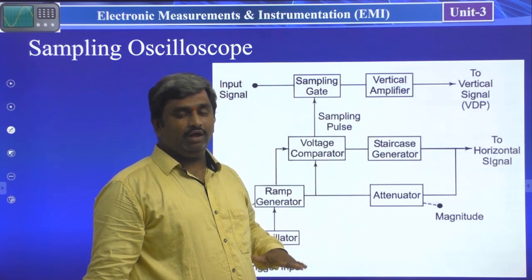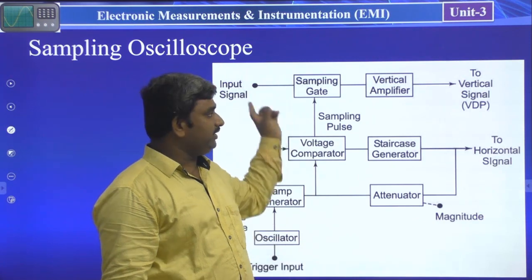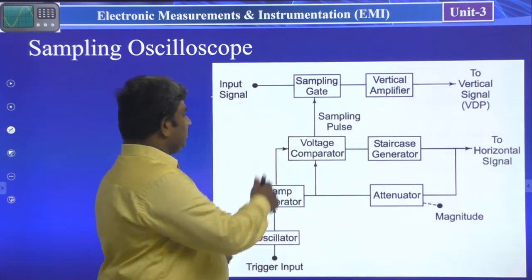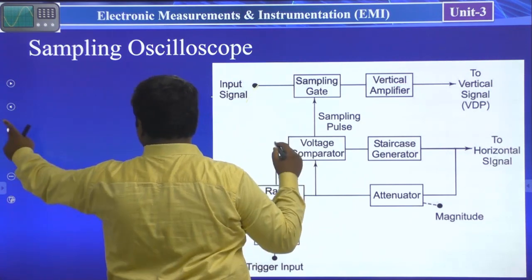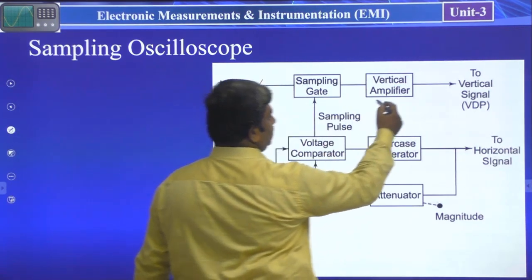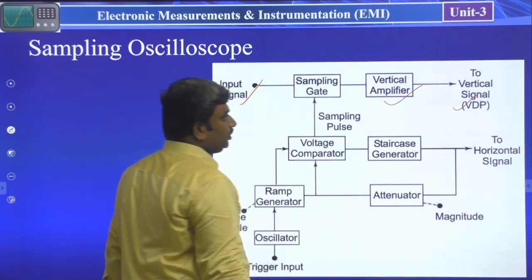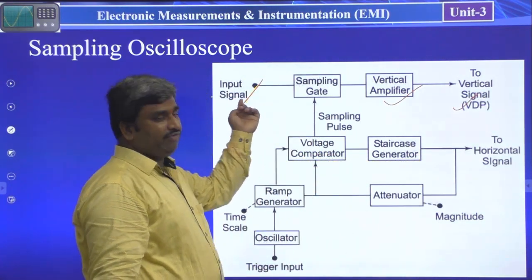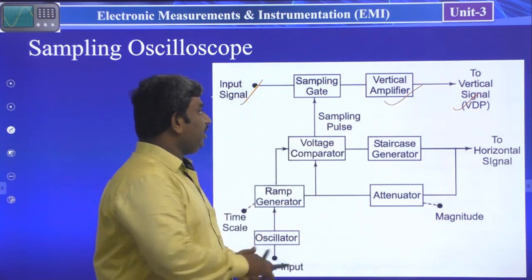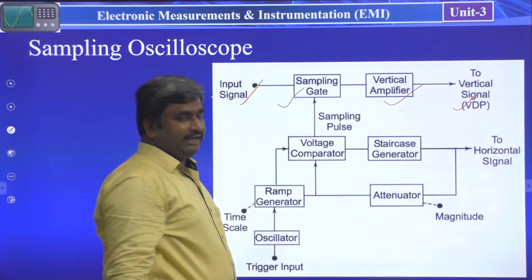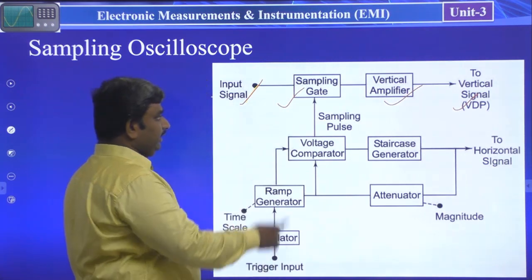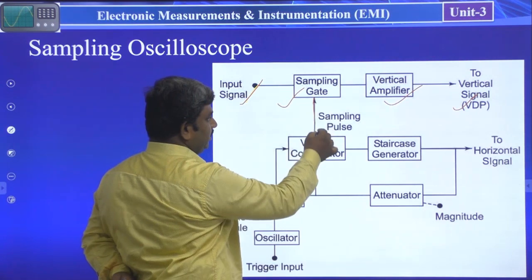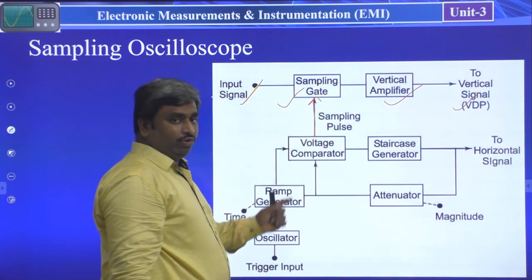Up to now in all CROs, we have seen these three blocks: input signal, vertical amplifier, vertical deflection plates. In between the input signal and the vertical amplifier, we are placing a sampling gate.